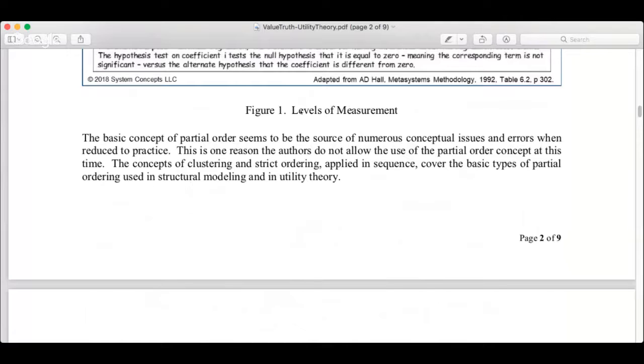First of all, if you split these into two groups, the concept of clustering, you can cluster and classify objects on a wide range of characteristics and attributes. And then once you have these clusters and classifications, you can order them. And the ordering is done only on one attribute or one characteristic.